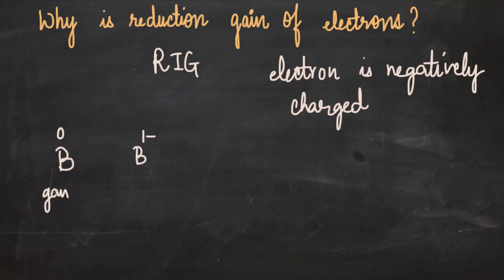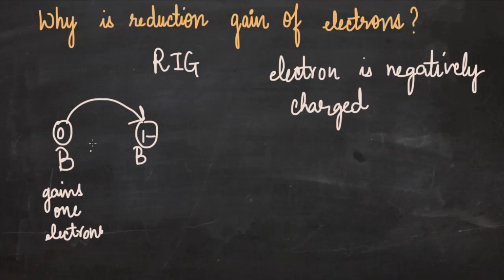So here it is gaining 1 electron. So what is happening here? When it is gaining an electron, the charge on B is reducing. That is why gain of electrons is known as reduction.